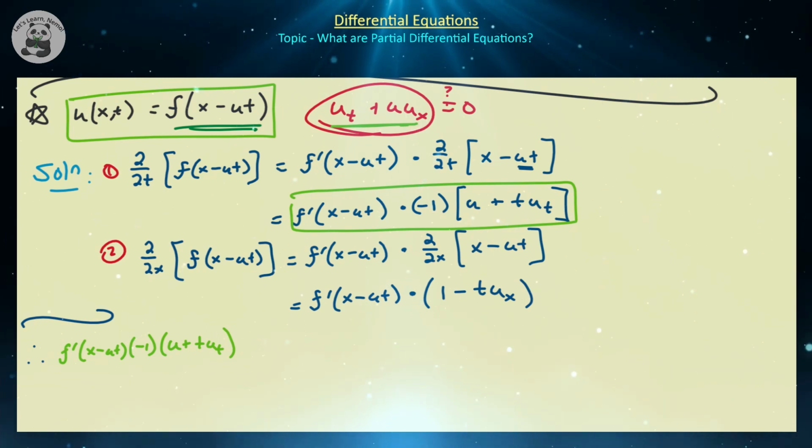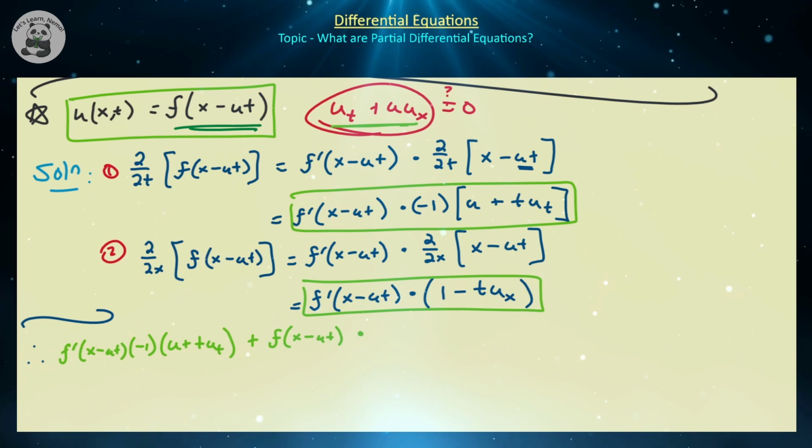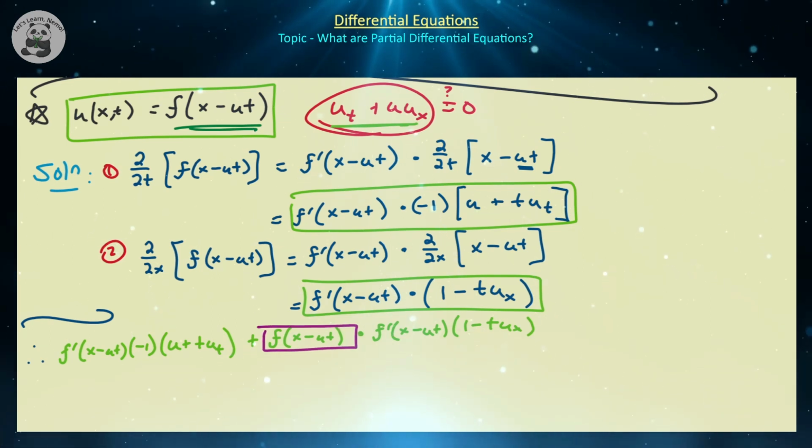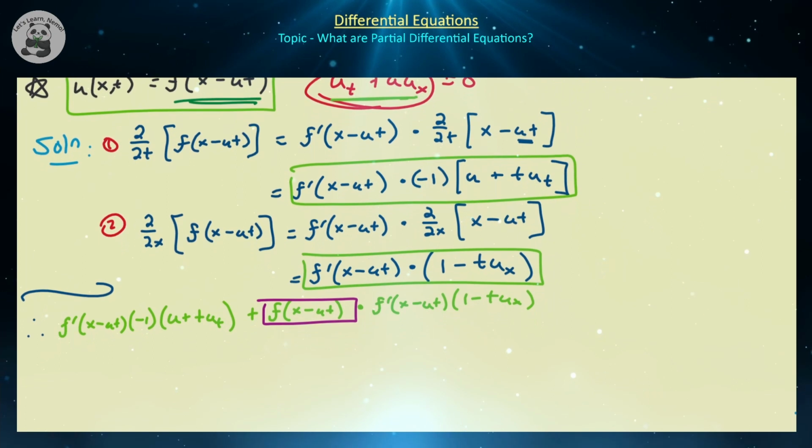And then we're going to have plus u, which is f of x minus ut, times our partial derivative with respect to x, which is f prime of x minus ut times 1 minus t ux. Right? So that gives us this expression.